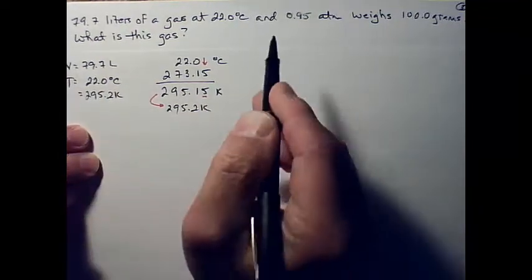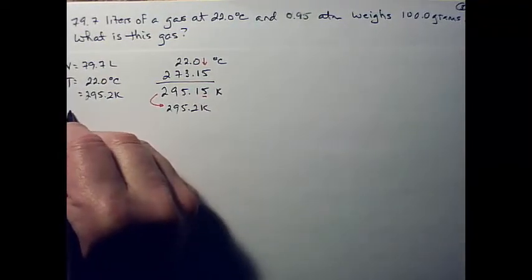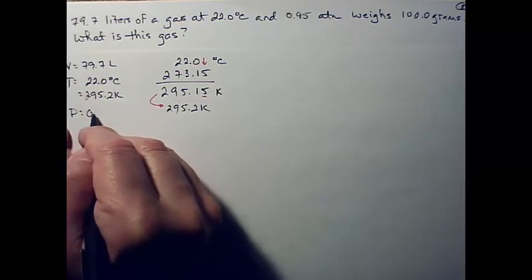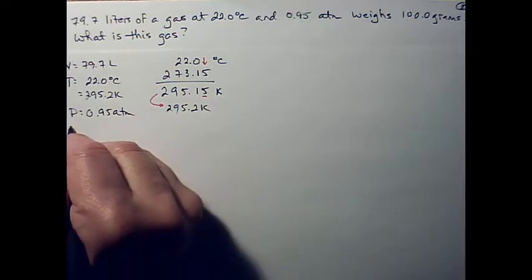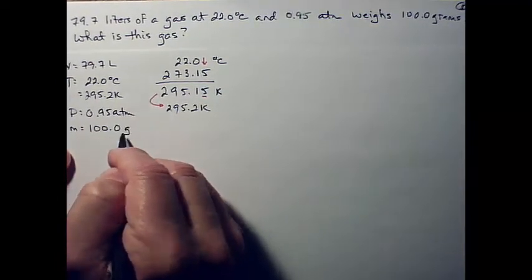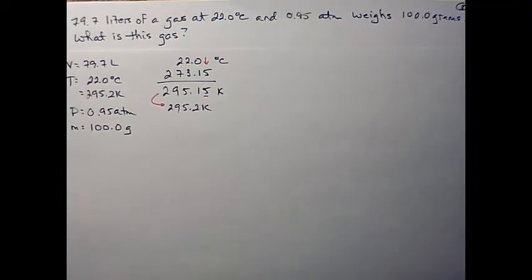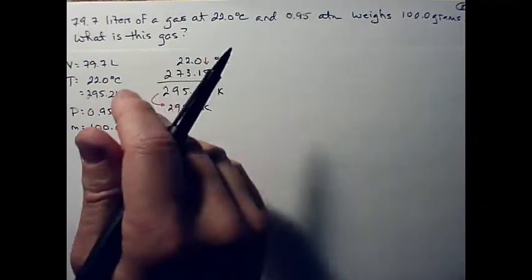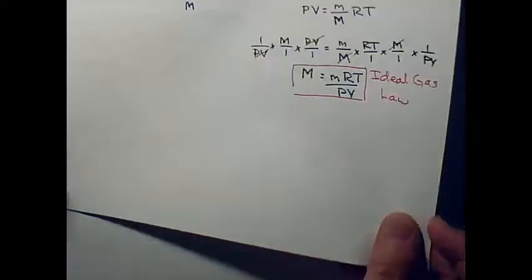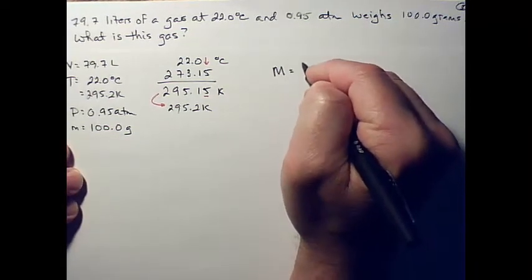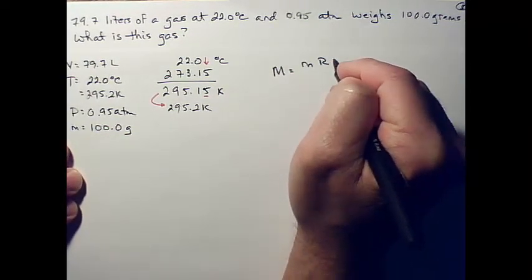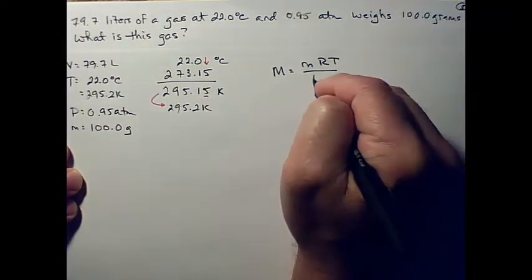We've got a pressure of 0.95 atmospheres. We've got a mass of 100.0 grams. And using the version of the ideal gas law that we just derived, we have the molar mass equals the mass times R times T over PV.